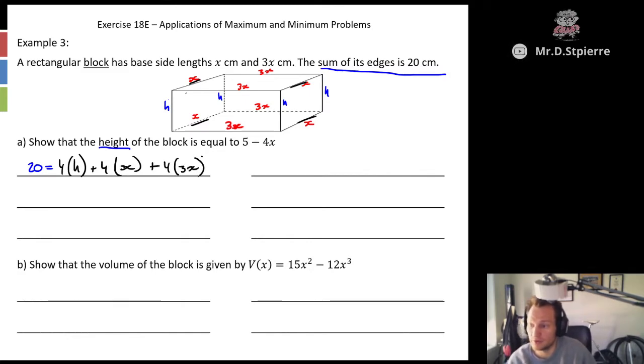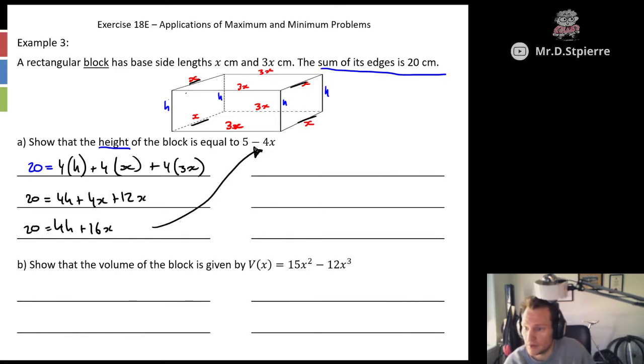Now all we need to really do is show that the height of the block is equal to 5 minus 4x. So we're going to rearrange this to get h by itself. So 20 is equal to 4h plus 4x plus 12x. 20 is equal to 4h plus 16x. Let's take out the common factor of 4.